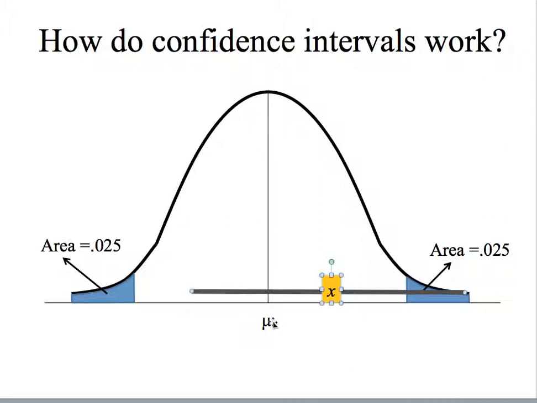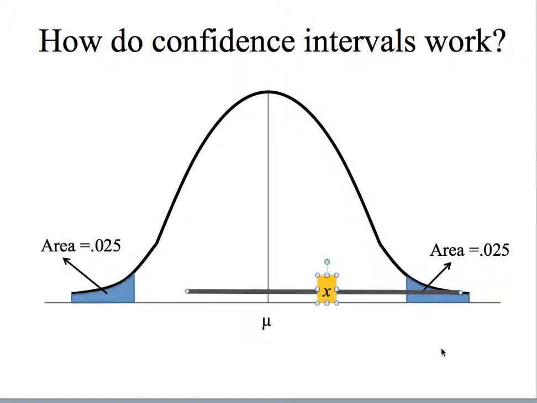Now, this is how all the samples from that population are distributed, so how all the means for those samples are distributed with mean mu, which is equal to the population mean. Now we got this sample here, sample mean x. It is above the population mean, it's higher than the population mean. But the population mean falls within that 95% confidence interval.